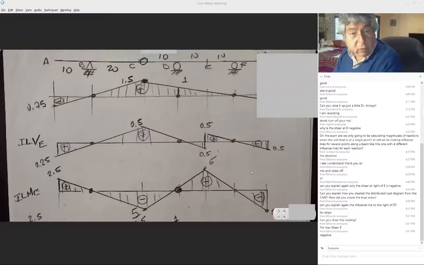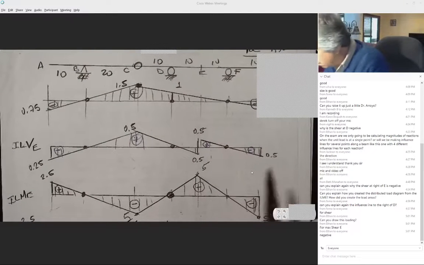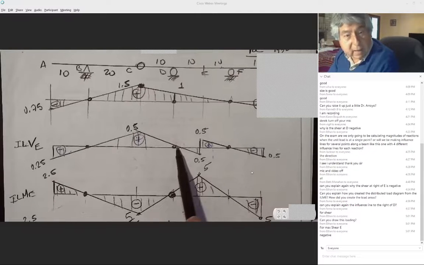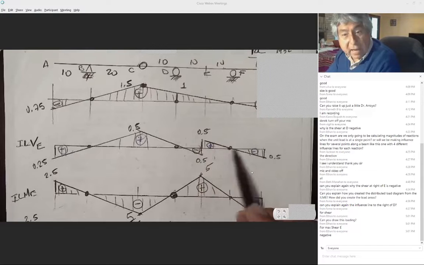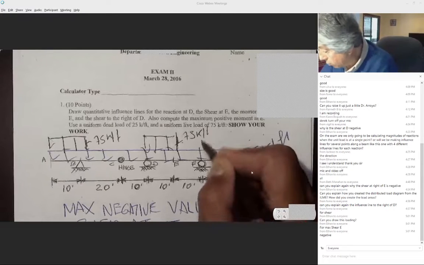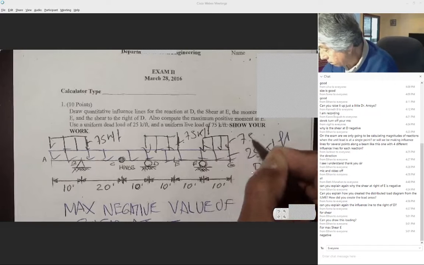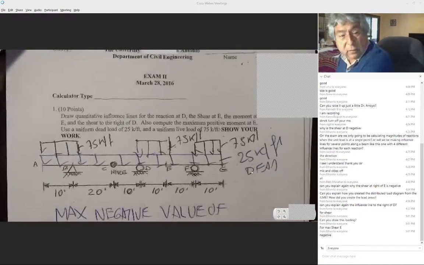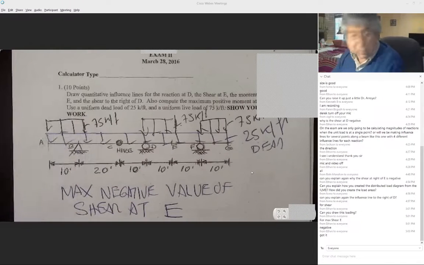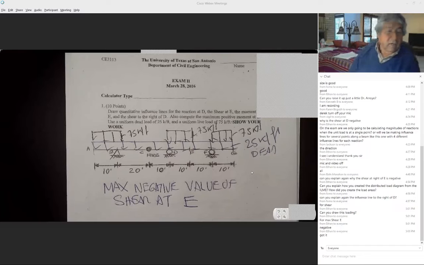So there was a negative value between D and E. Sorry, D and E, and now between F and G. So I'm gonna come here between F and G. So this is the loading combination that will give you the maximum negative value of the shear at E.